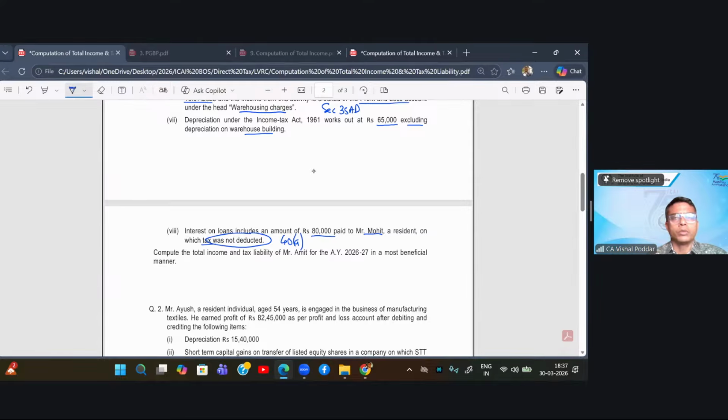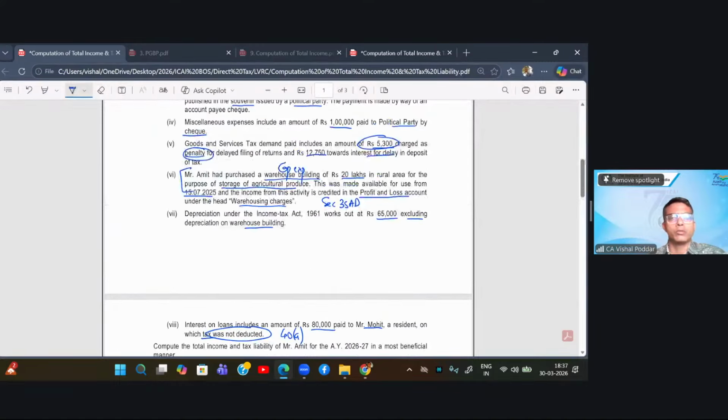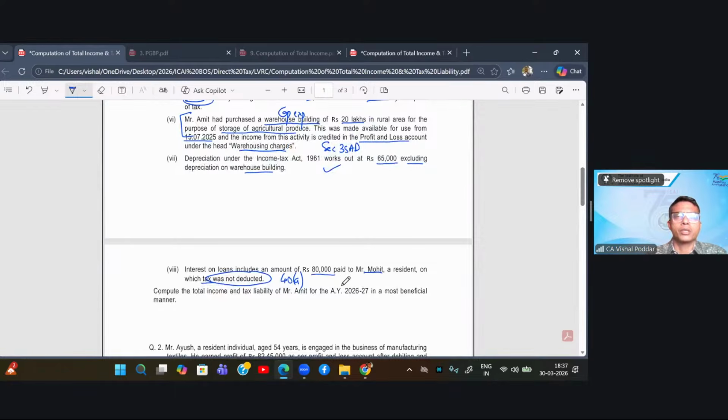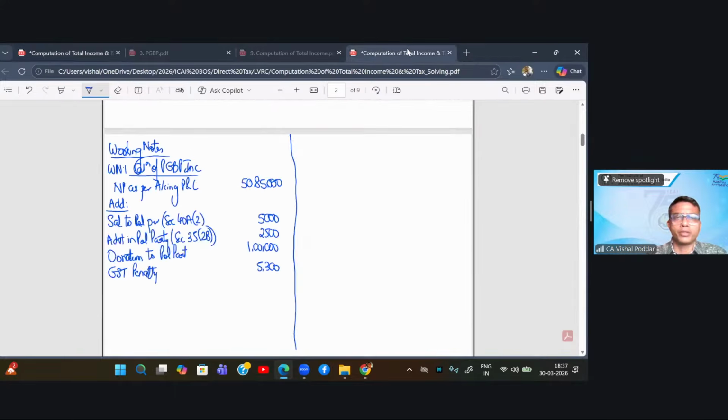So here, one is the depreciation. So one is this depreciation working which we have to do, and the other is this interest 30% disallowance. So I'll first do interest disallowance.